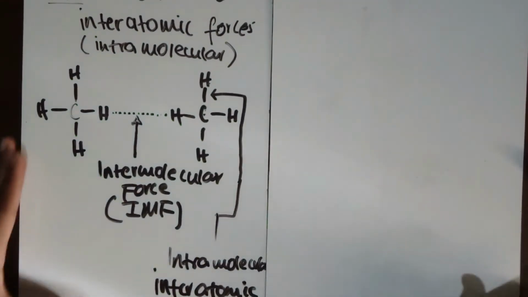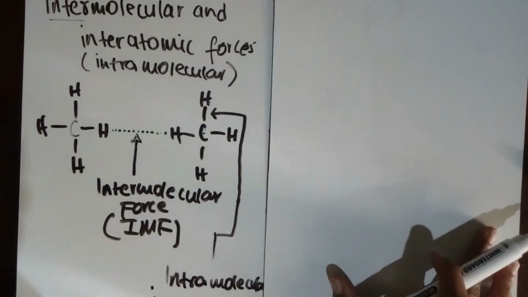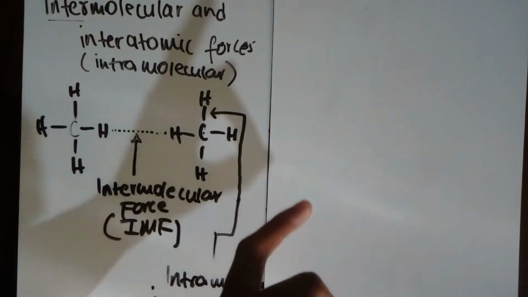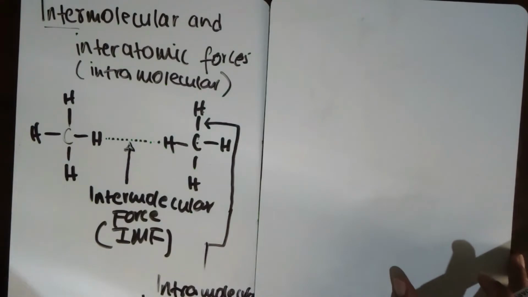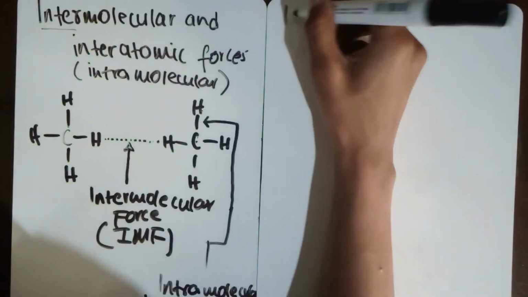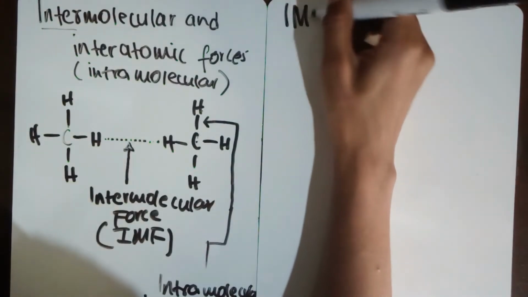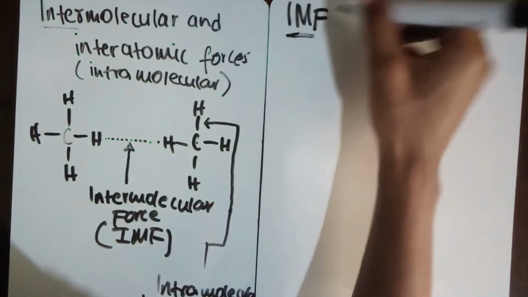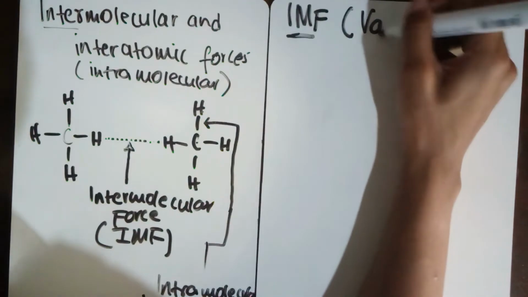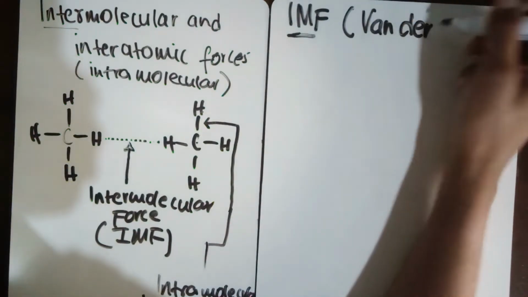And then having said that, we can continue and say we have three types of intermolecular forces. IMF, intermolecular forces. This is what we are primarily going to be focusing on. Sometimes they are called van der Waals forces, if I'm not mistaken.